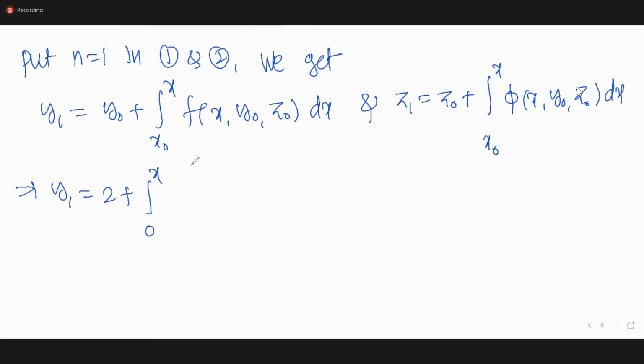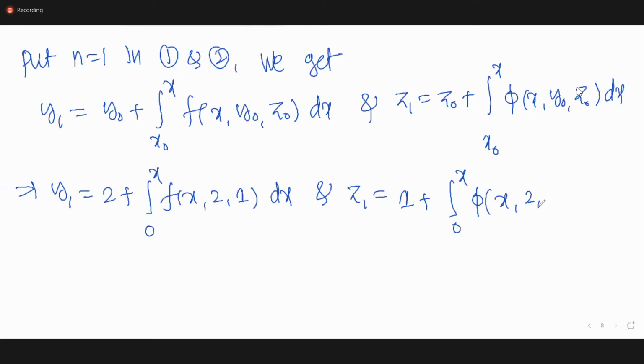So f of x comma, what is y naught? 2, z naught 1. z1 is equal to z naught value 1 plus integration from 0 to x of phi of x comma y naught comma z naught dx.